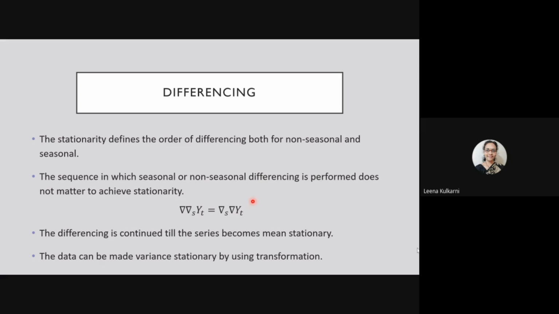So the order of differencing will not matter. Either you do seasonal differencing first and then non-seasonal differencing, or you do non-seasonal differencing and then seasonal differencing, you are going to get ultimately the same series.